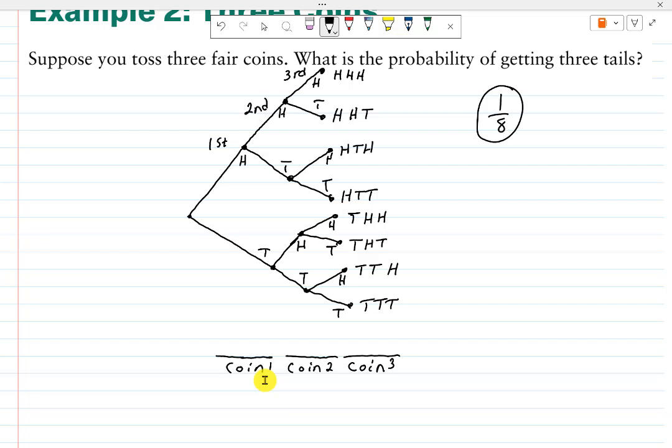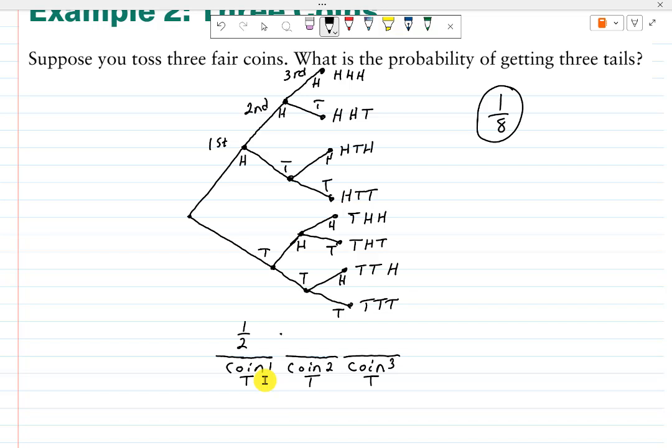What I'm getting at is whatever the value of one coin is, whether it's heads or tails, that doesn't change the probabilities of any of the other coins coming up either heads or tails. So they act independently of each other. So if I want to get tails each time, I can set up a thing like this. Coin 1, if I want it to be tails, has a 1/2 probability of occurring.